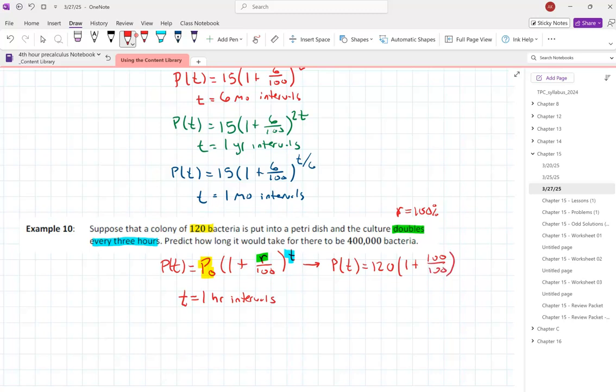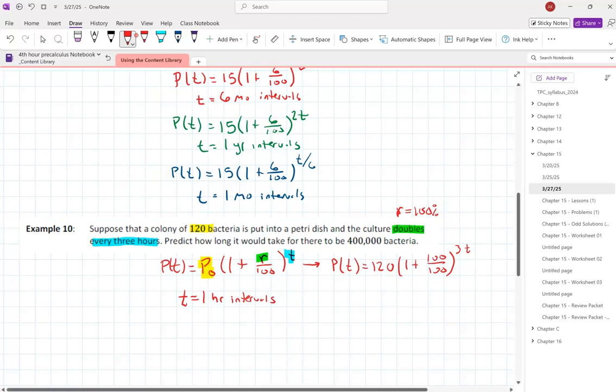Anybody? 3, right? I need 3 1 hour intervals to get 1 doubling. You guys agree? That's what you read. So it should be 3t as my exponent. Sound good? So that's my step 1.